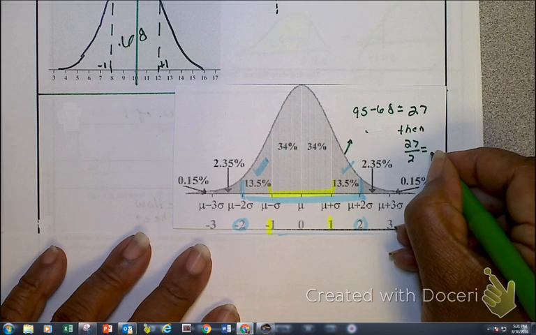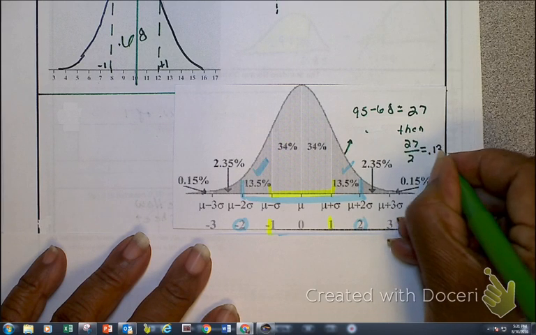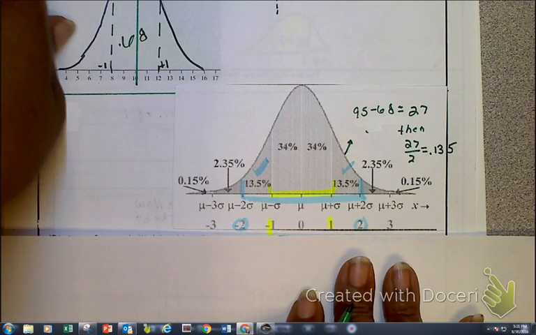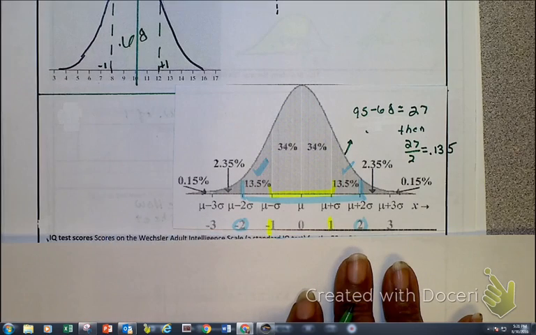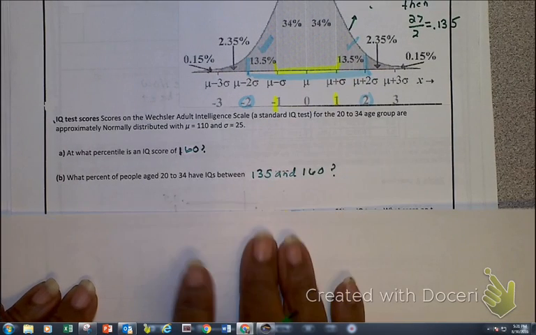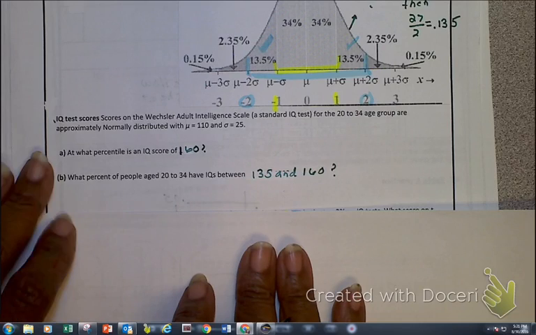If you're having trouble with that, no worries, because honestly, the calculator is going to do the work for us the majority of the time. Other times, we're still not going to have to break it down like that unless you choose to.